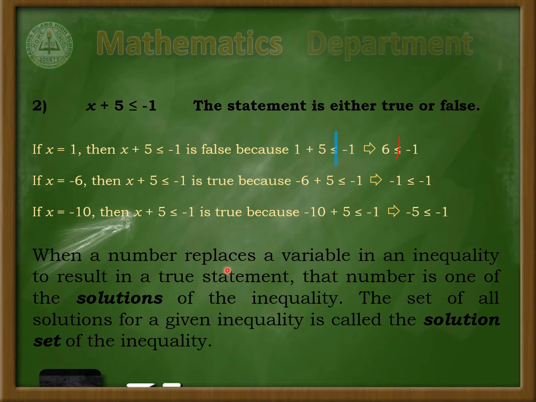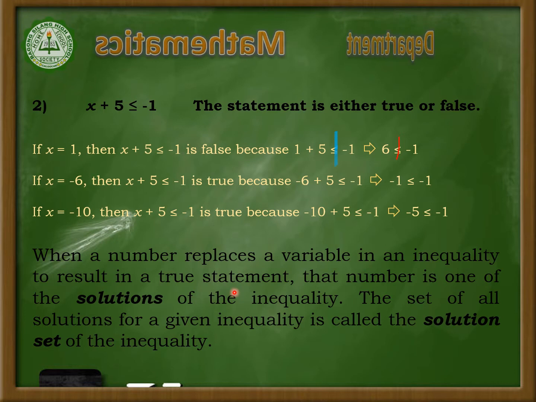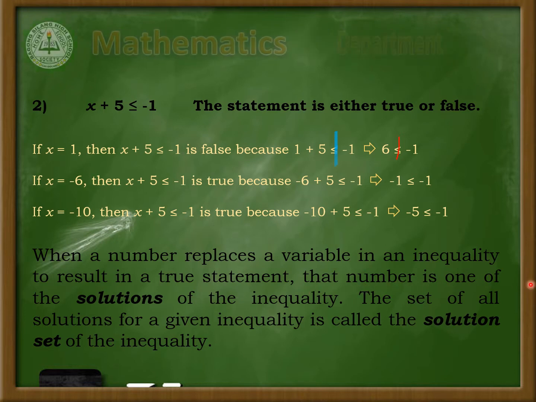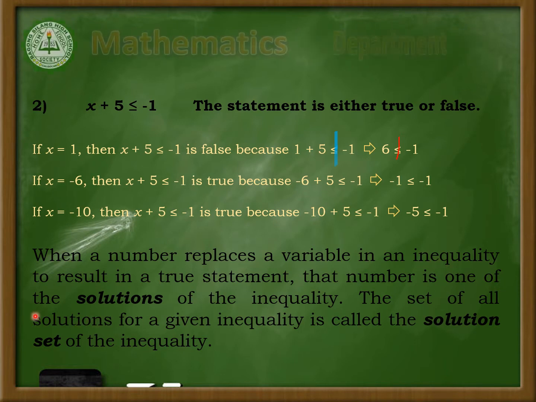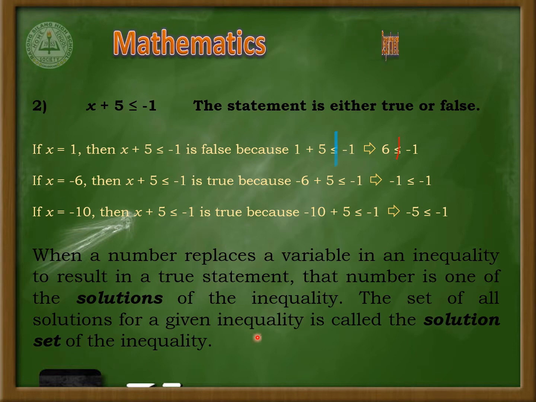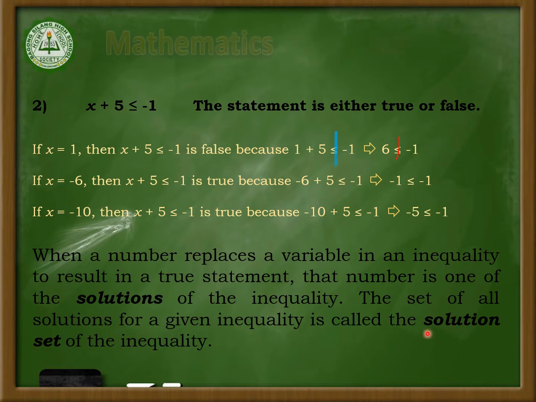When a number replaces a variable in an inequality to result in a true statement, that number is one of the solutions of the inequality. The set of all solutions for a given inequality is called the solution set of the inequality.